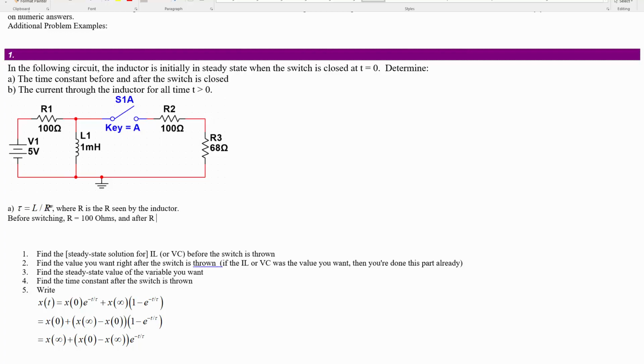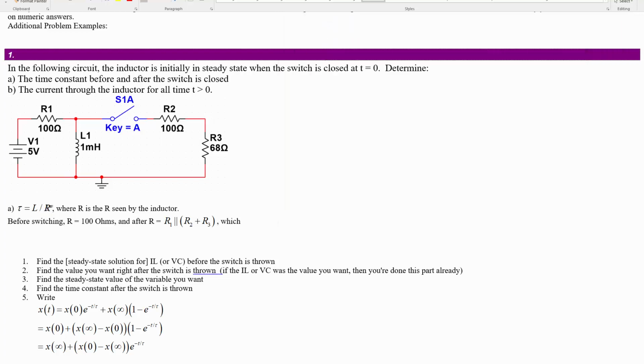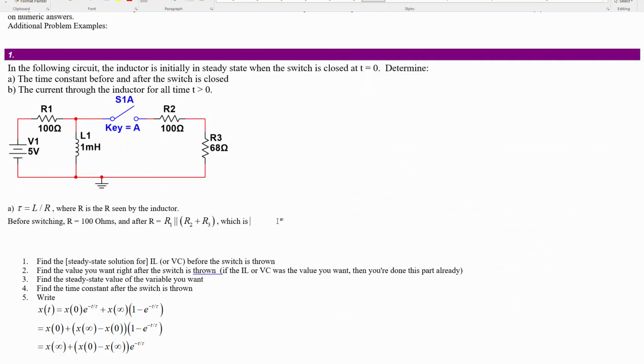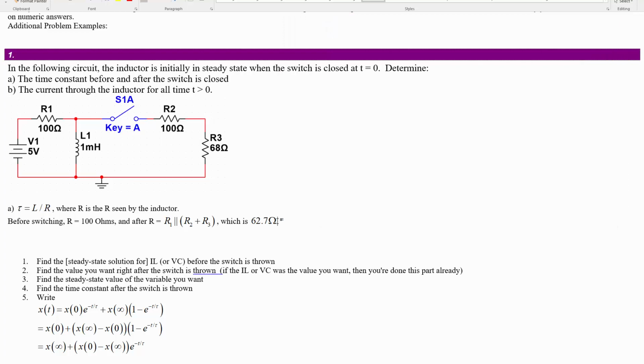And after, R equals R1 in parallel with R2 plus R3, which is getting our calculator up here. I've done this calculation, I think. So let's just do that again. So 1 over 100 plus 1 over 168. And we get 62.7 ohms. Yeah, 62.7 ohms.